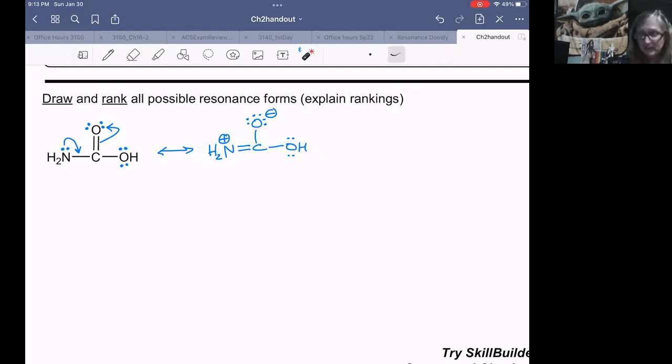Or again, I could say, hey, I see something that's carbonyl like. I have a pi bond between 2 different atoms. So let's do that resonance next. I want that pi bond to just move to the more electronegative atom. So now it's on the nitrogen.